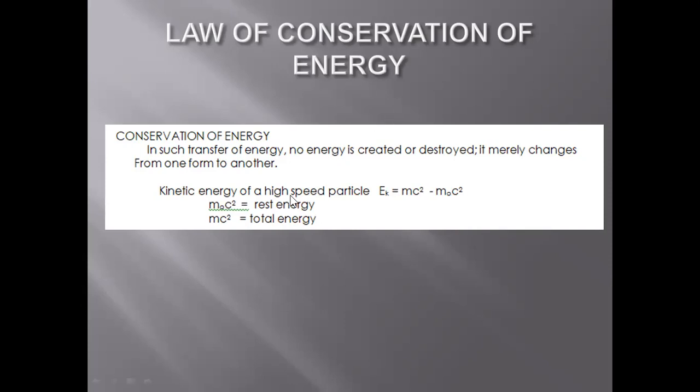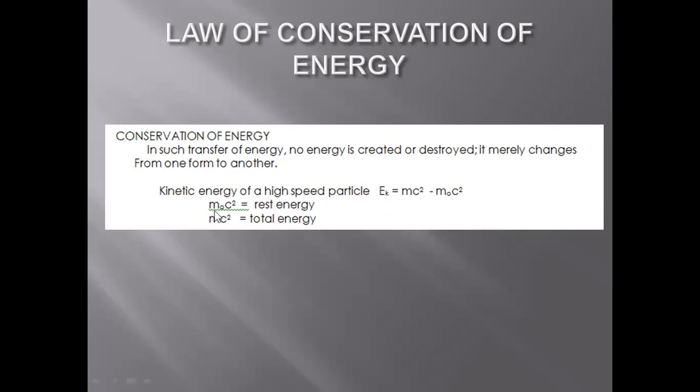Kinetic energy for a high-speed particle is proposed by the scientist Sir Albert Einstein, as kinetic energy is equal to mc squared. Okay, c here denotes the speed of light.